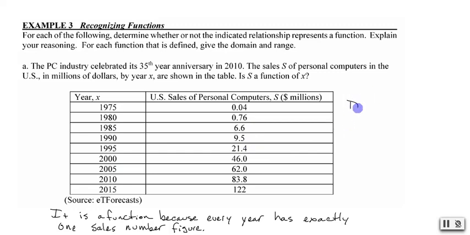And what is the domain? The domain is going to be, in roster notation, 1975, 1980, 1985, 1990, and you can see that there is a pattern of every 5 years after that, so it's fine to go ahead and go to 2015 and stop right there.